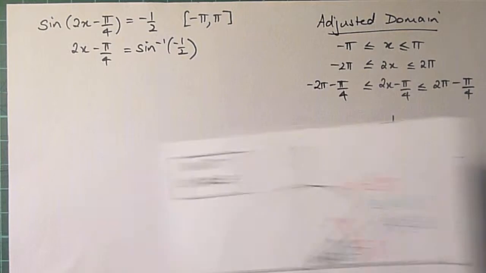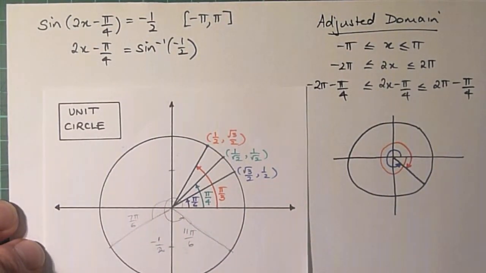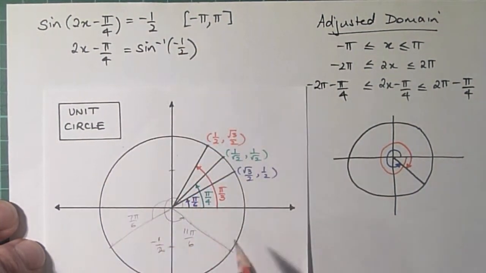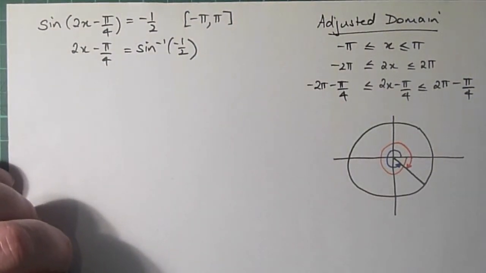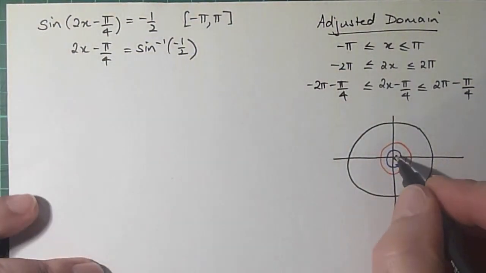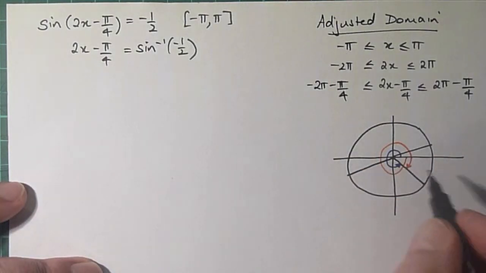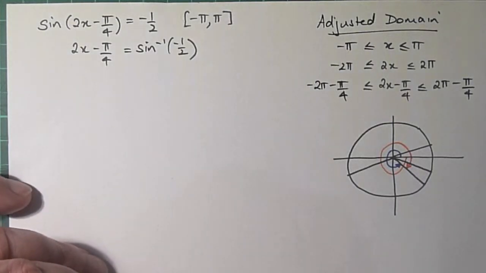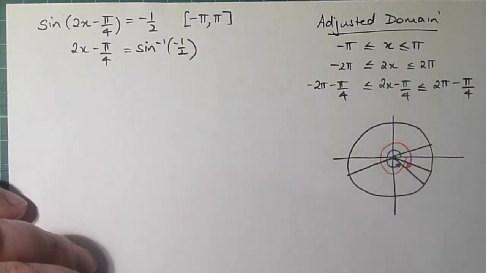But we saw with our unit circle diagram that what we're looking for, our basic angle solution to sine equals negative a half, is in these two quadrants. So let's draw those on our unit circle as well. Here's our basic angle of pi on 6. There's 7 pi on 6 and 11 pi on 6. And we'll see how we can get those solutions by going around the unit circle.